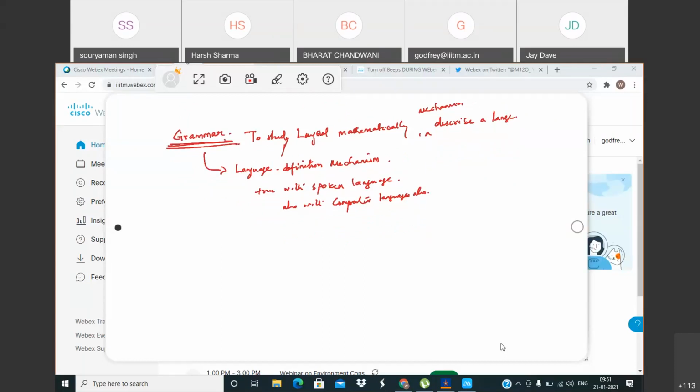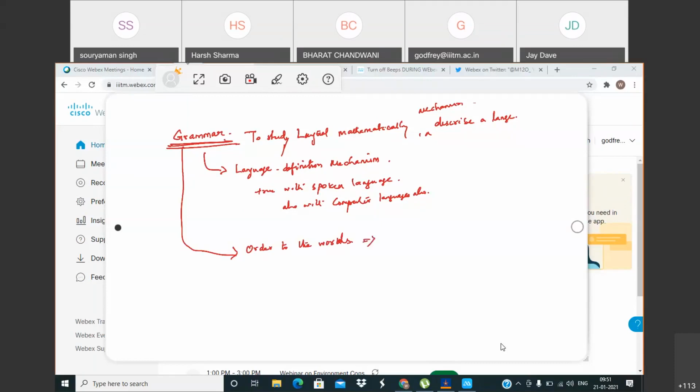Grammar provides order to the words. Right? So you have words. Now, what should be the order in which the words should be placed?